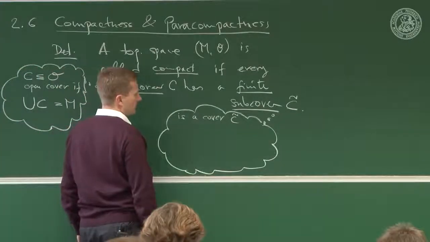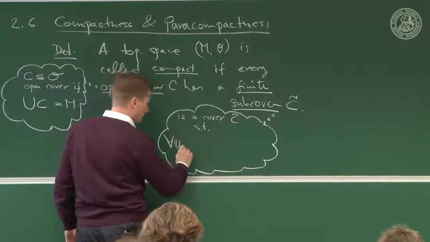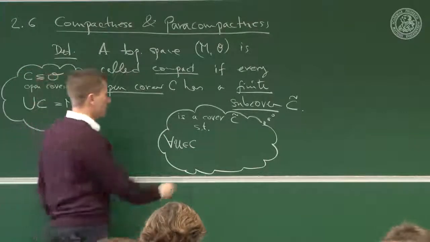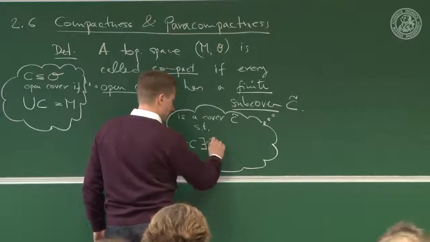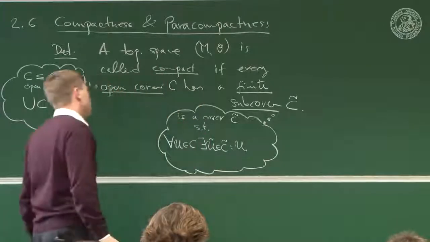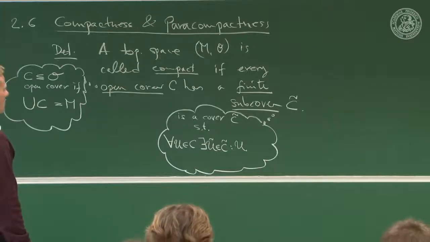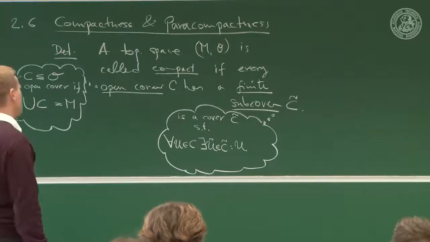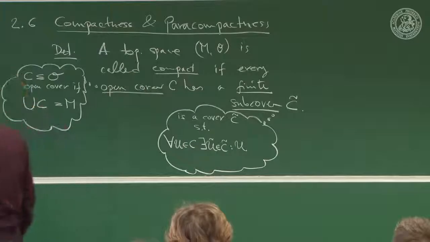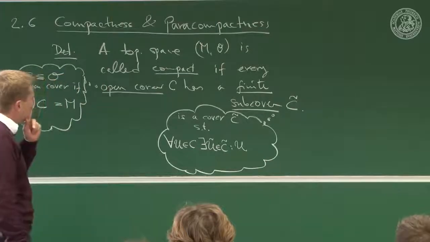It's a cover C twiddle, such that for every open set in the cover, there exists an element U twiddle in C twiddle such that U... hang on a second. For every U in C, there exists a U twiddle in C twiddle. No, this is already the refinement. Hang on a second. That's too weak.